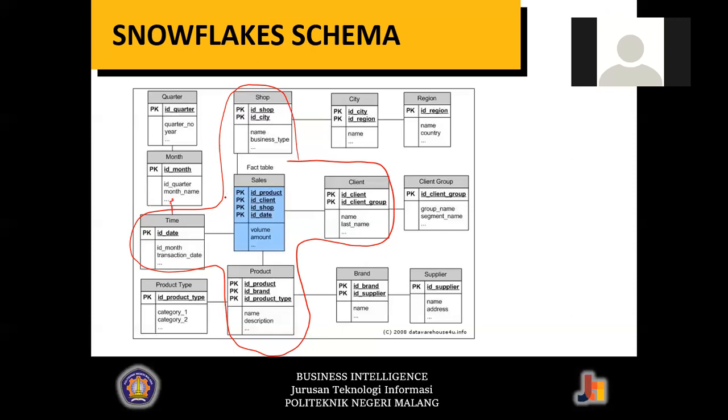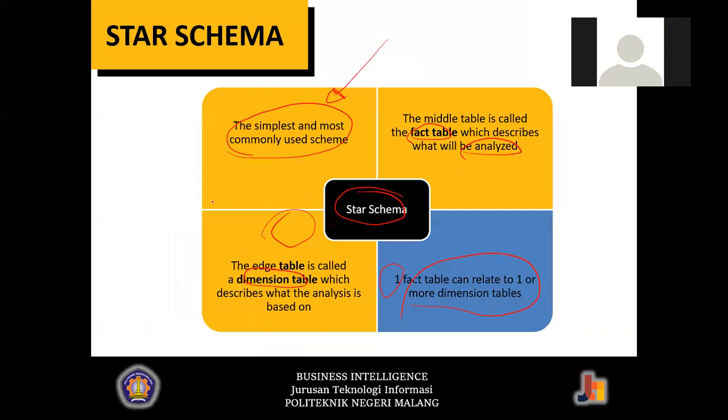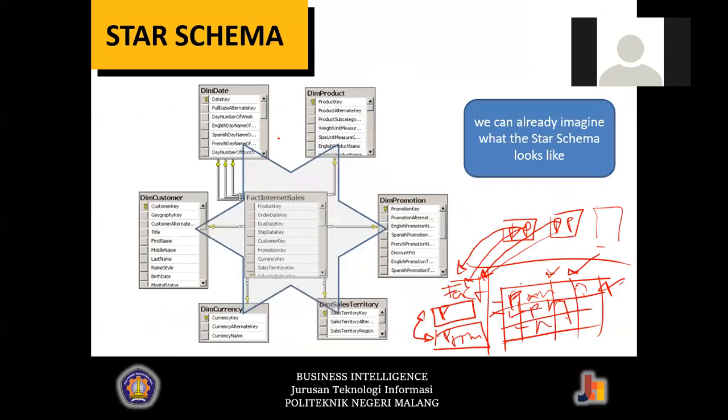Let's say in the star schema previously we have only one dimension called date.